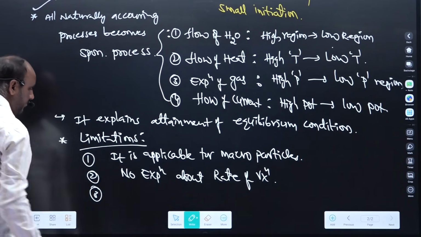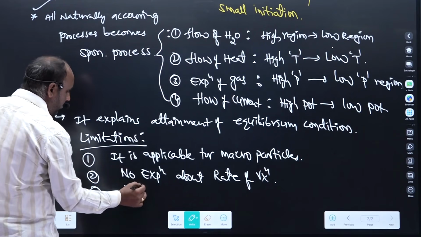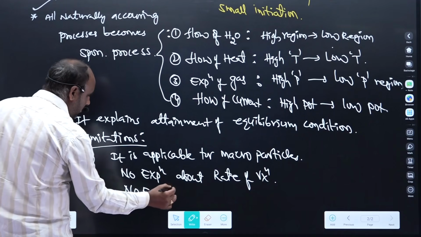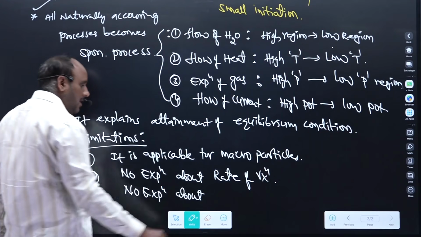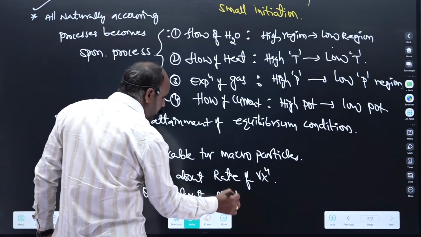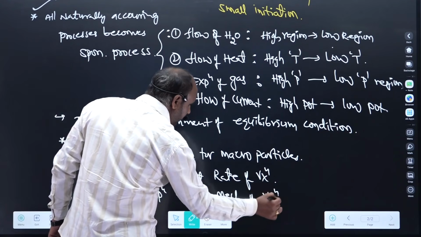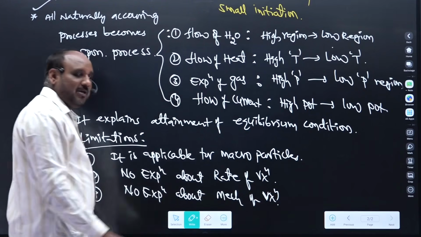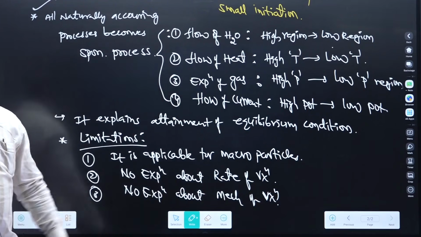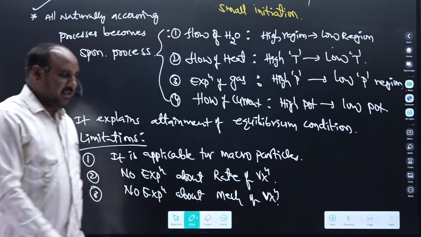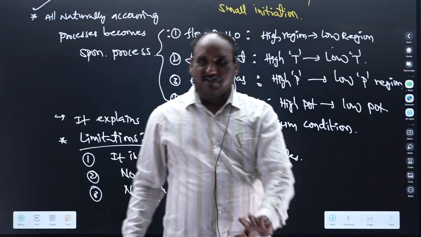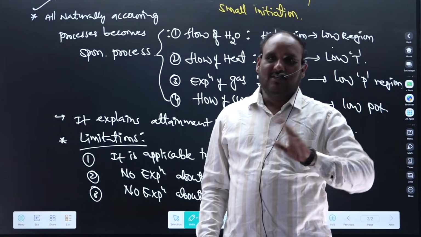And the third one: no explanation about the mechanism of the reaction. We simply say heat transfer may take place in this direction or that direction, but there is nothing particular. For example, take hot water and keep it on the bench before the start of the class.